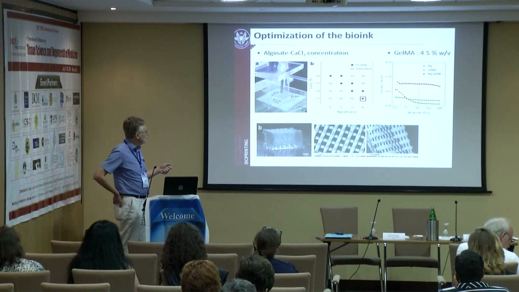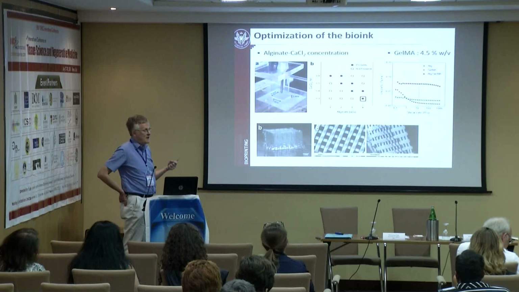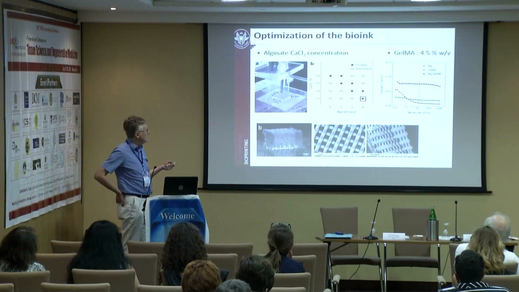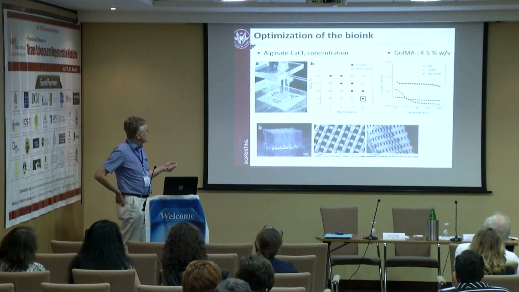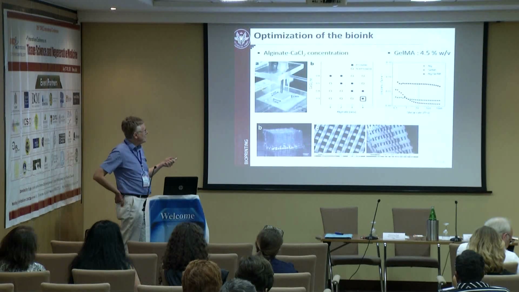So we may think to keep the concentration of calcium chloride relatively high, and in this way have a good printability of the bioink, but a high level of calcium may be harmful for the cells. On the contrary, we may think to decrease the calcium chloride concentration, so in this way we preserve cell viability, but we don't have any printability of the bioink.